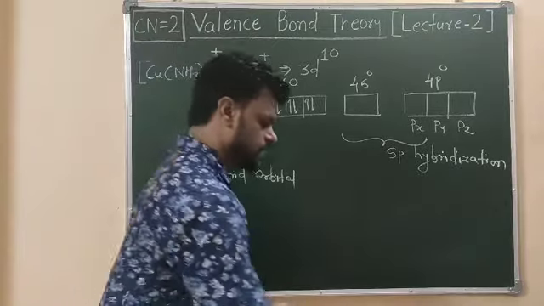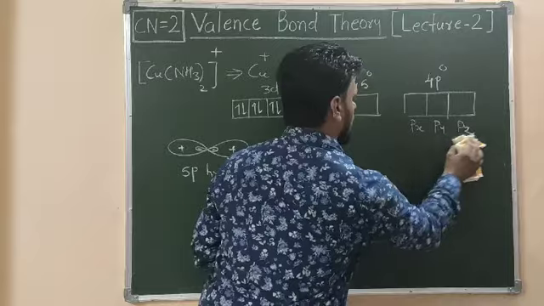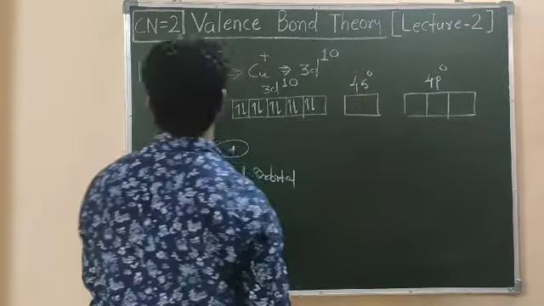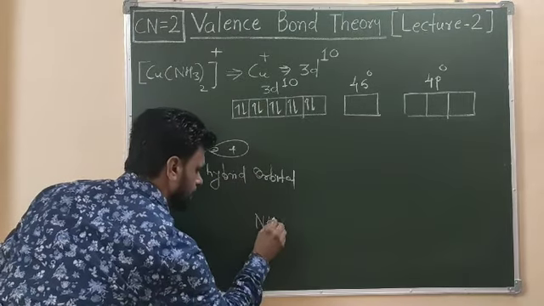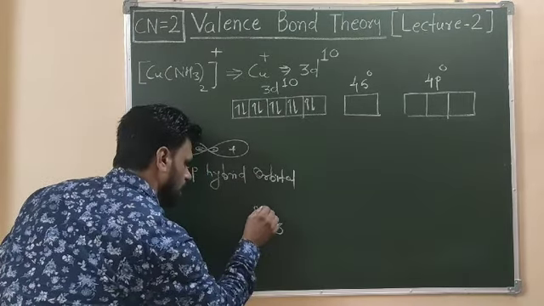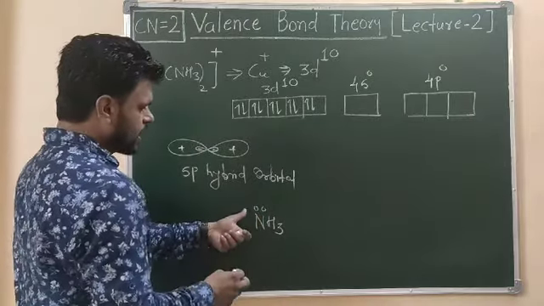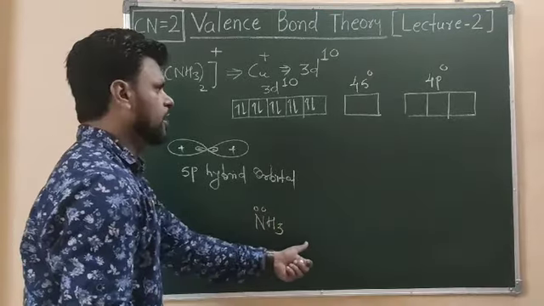Now afterwards, these sp hybrid orbitals react with the ligand, and I have the NH3 ligand here. NH3 has an electron lone pair on the nitrogen, and this nitrogen lone pair is used to form coordinate bonds.